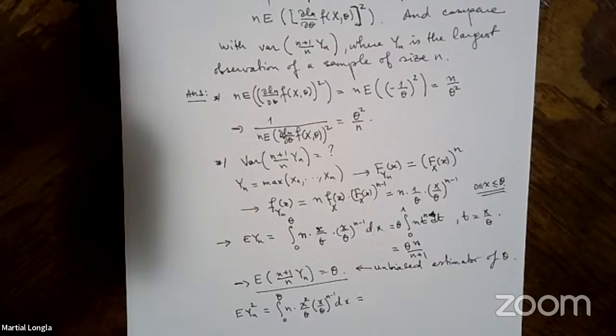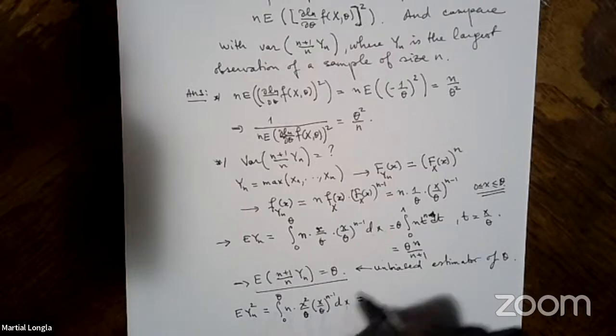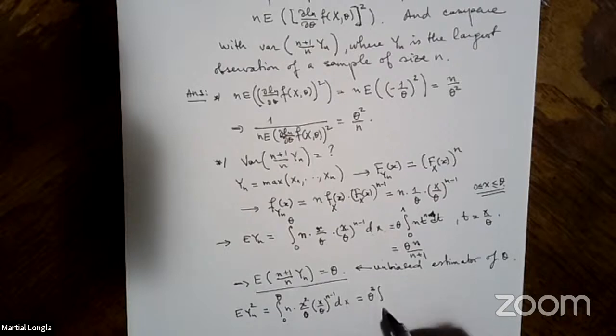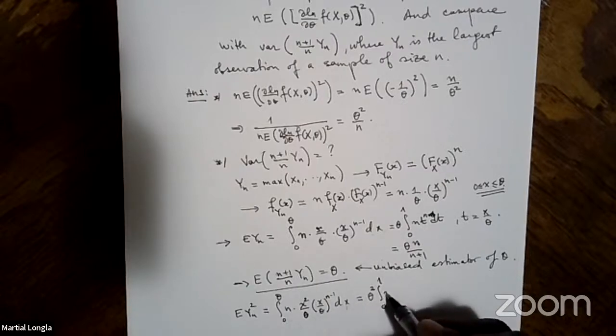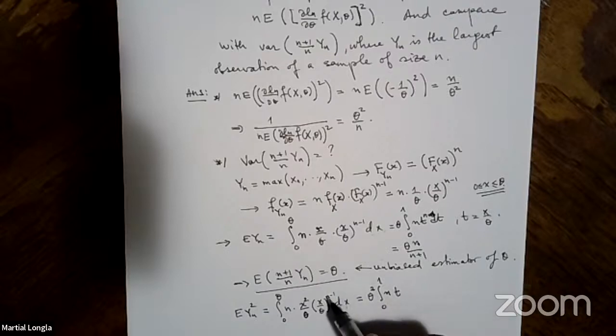We can do the same change of variable. To do that change of variable in this case, you need an extra theta here to make this also theta squared, and an extra theta to have dx over theta. So you need theta squared out. Integral from 0 to 1. And now you have n, and then t raised to the power n minus 1 plus 2.